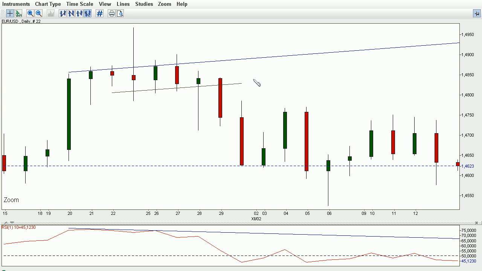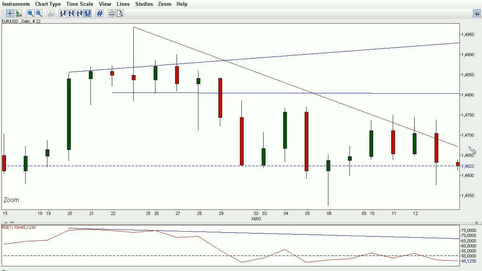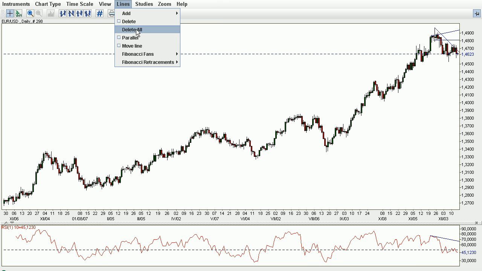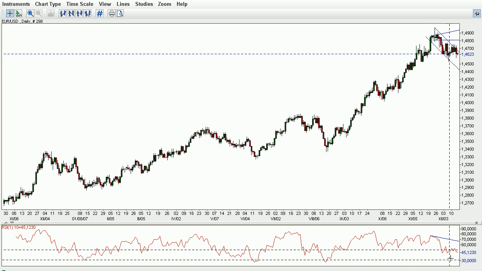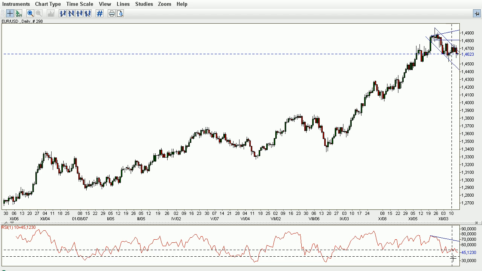Okay, so at the same time we had this break of support level, all this stuff we talked about, and then I was mentioning this potential channel in which this currency pair might have been starting to trade within, and we have just touched the upper boundary yesterday, and that was one of the triggers for this selling pressure today, actually yesterday.